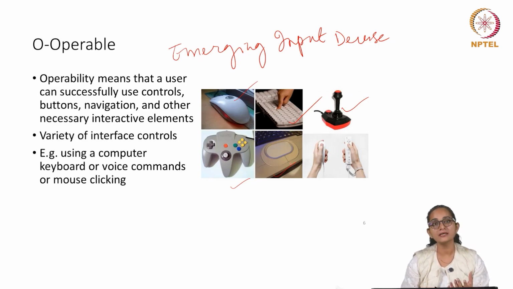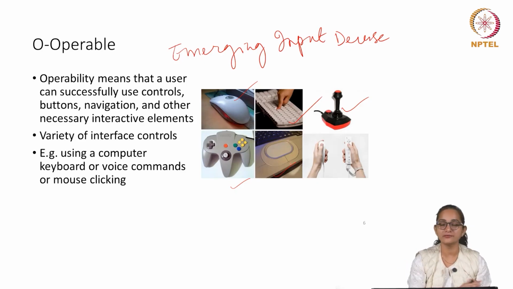So, operability of a system means that it should enable operability through various means. Of course, all of these are different kinds of tangible input devices, but also when we think about digital interfaces, the button sizes, the color contrast, whether the button is visible or not, as we discussed in the previous lecture about affordances, whether it is giving us enough affordances that we are able to operate, then there is a call to action.